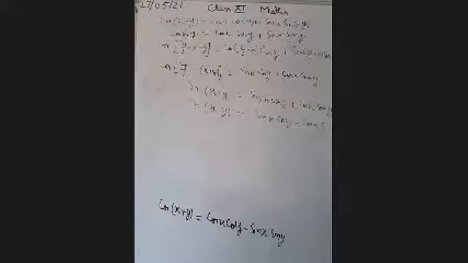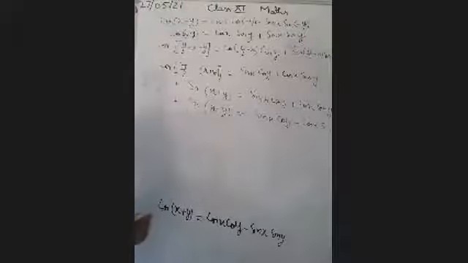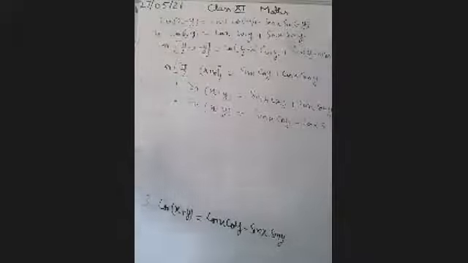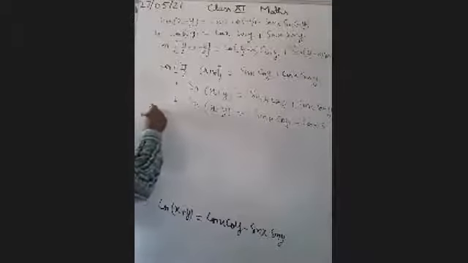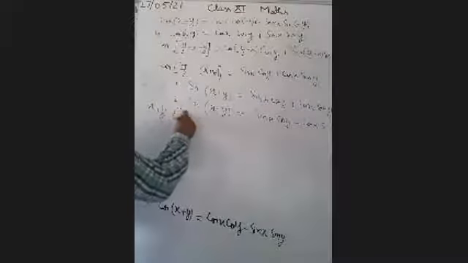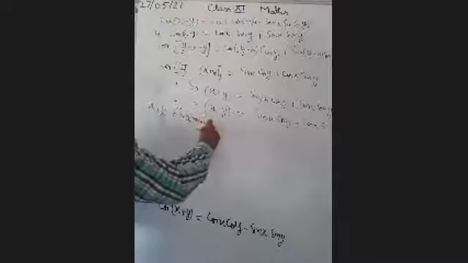So we get the four formulas: number 1, number 2, number 3 and number 4. I am giving these formulas the name XY formulas. Remember them as XY formulas. Whenever I ask you, just tell me the XY formulas.